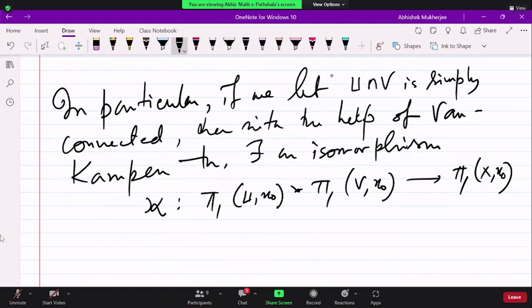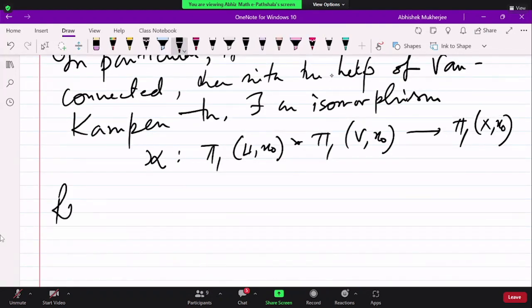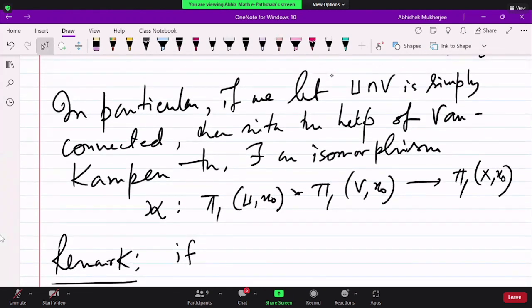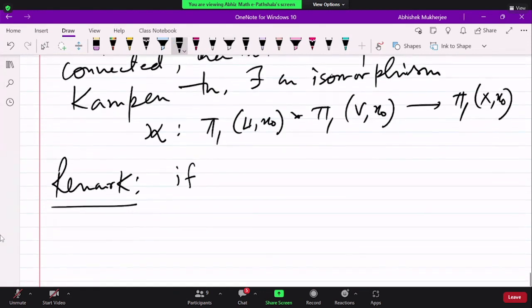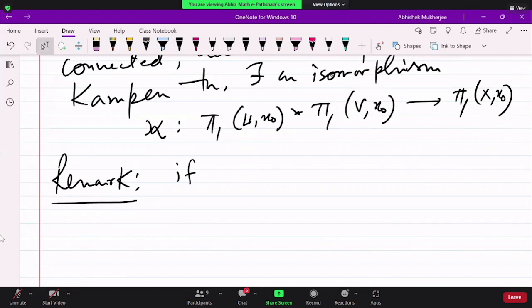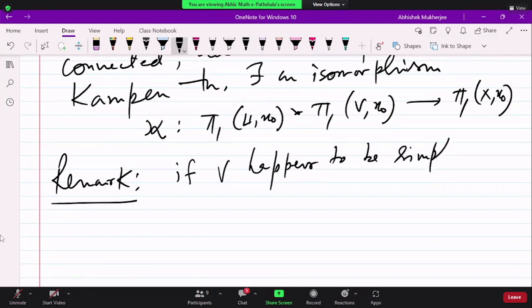And also remark, if in addition to this, okay, we do not need to take that assumption. Let me just assume that V happens to be simply connected.